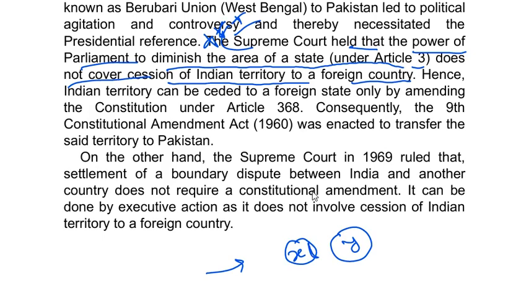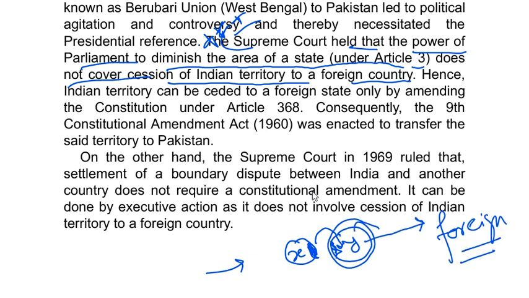That means this part of state X can be transferred to state Y. Okay. But we can't secede any part of the Union of India. That means we can't secede this Y state to a foreign country. It is the clear verdict given by the Supreme Court.